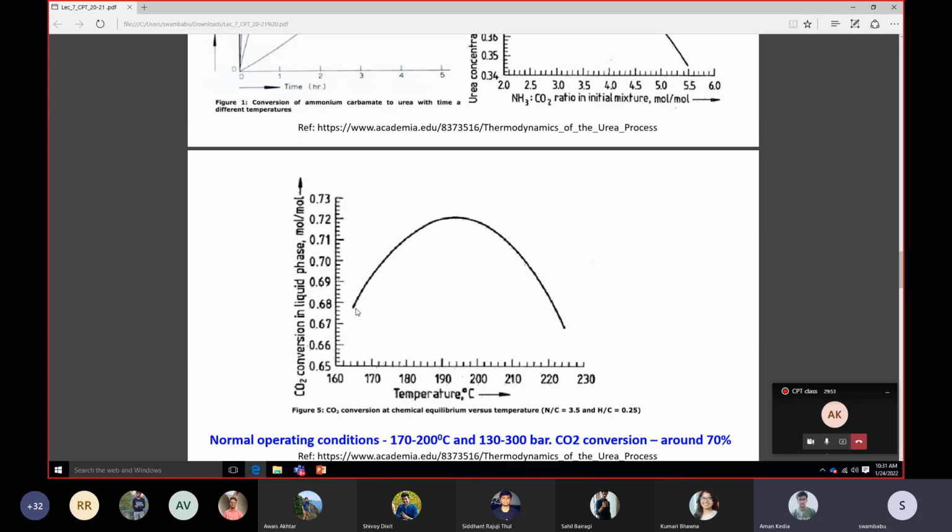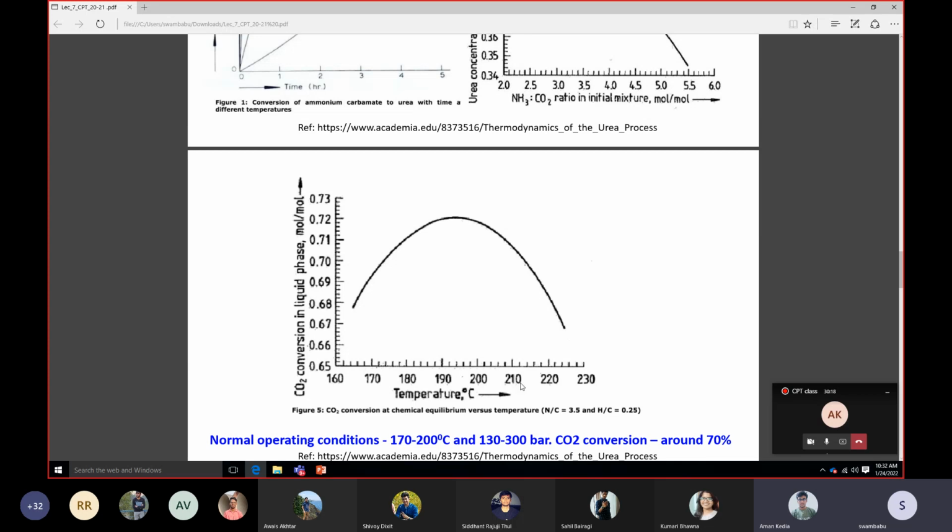We cannot operate below 160 because the conversion will be very, very low. Again, we cannot operate above 210 degrees centigrade because the backward reaction is favored. This is from the chemical thermodynamic equilibrium studies.